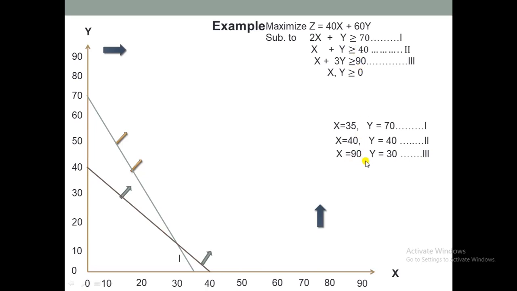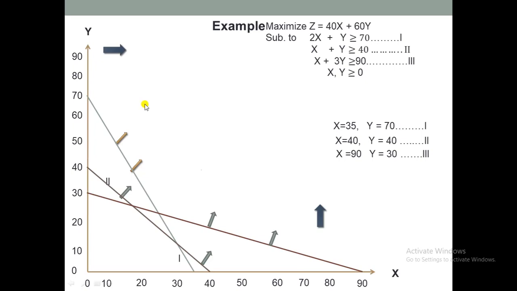Third constraint is x 90, y 30. So this will be connected like this, and this is also of greater than type, so it will also show the region above the line. These two arrows are showing the region above the lines. Now in this case all the constraints are showing the region above the line.